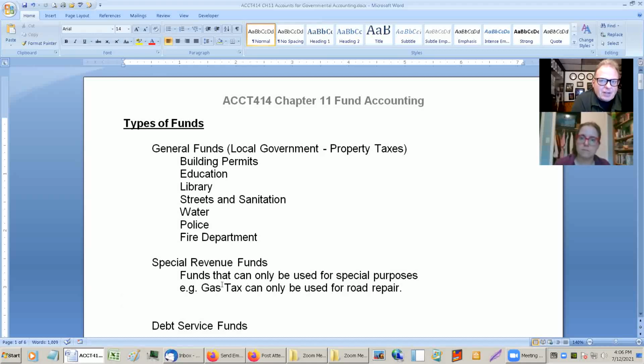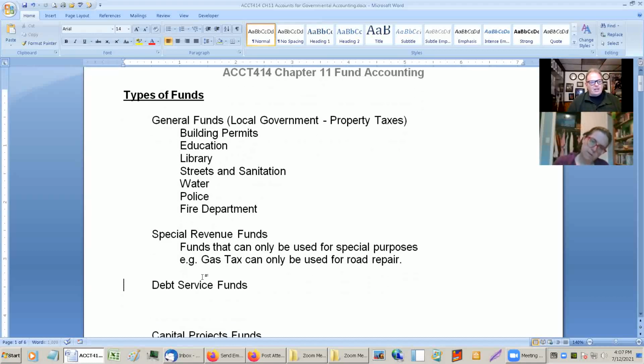So that's one of those things. If it can get carried over, it's known as a deferred revenue, which we'll talk about later. If they can say we don't need it this year, but we will need it next year, sometimes they can defer it. It just depends on how the fund is set up. But special revenue funds can only be used for a specific purpose. It might be education, might be road repair, maybe whatever.